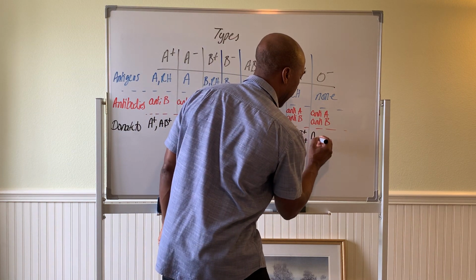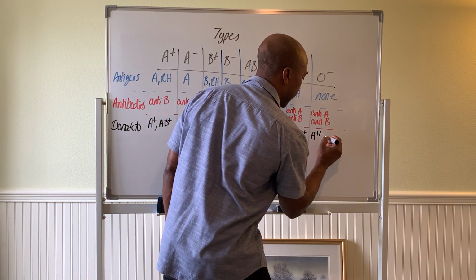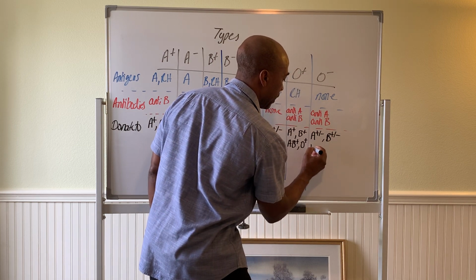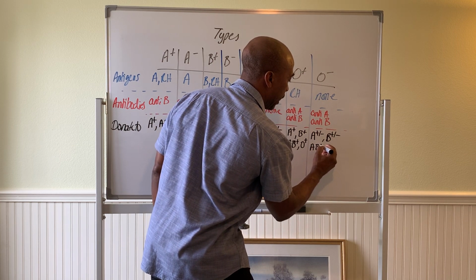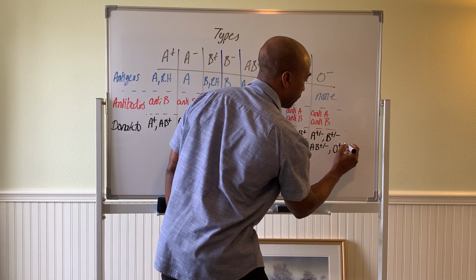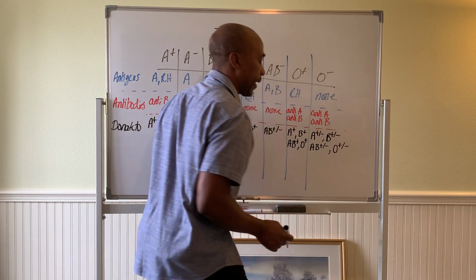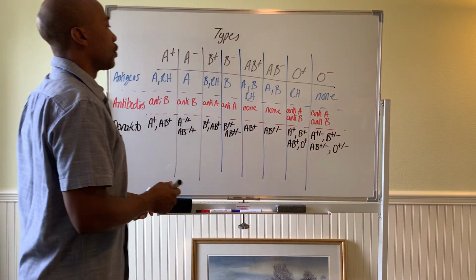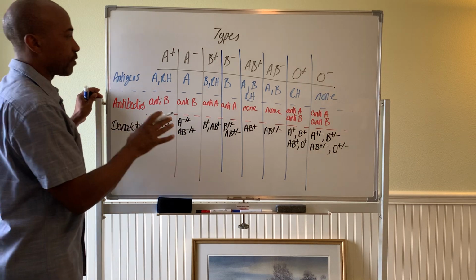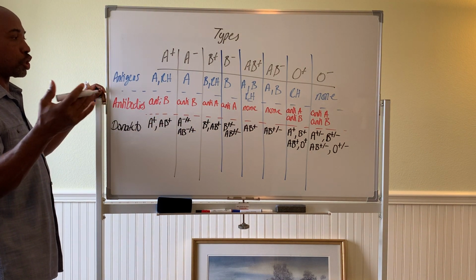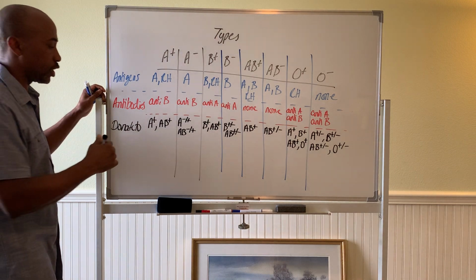So you can donate to A positive, A negative, B positive, B negative, AB positive, AB negative, and O positive and O negative. So you can donate to all 8 blood types there. From this chart, as you can see already, we have some realities that we call universal donors and universal recipients.